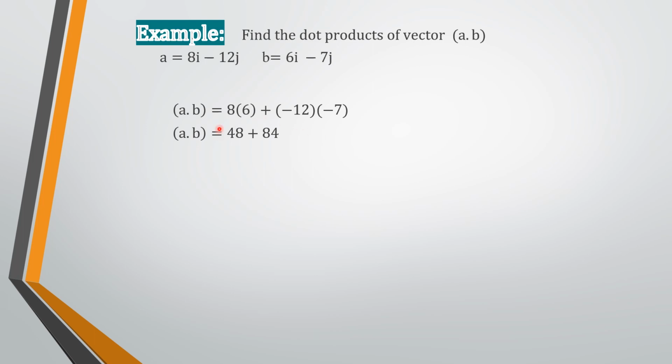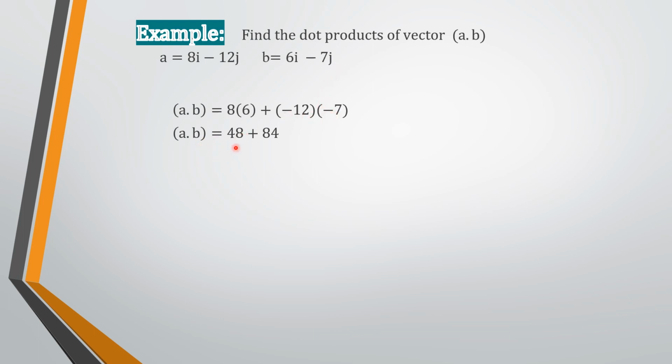We only have to distribute the given of A and the given of B, which means we have to multiply. Our first A is 8 and our first B is 6, plus our second A, negative 12, times our second B, the j component, negative 7.